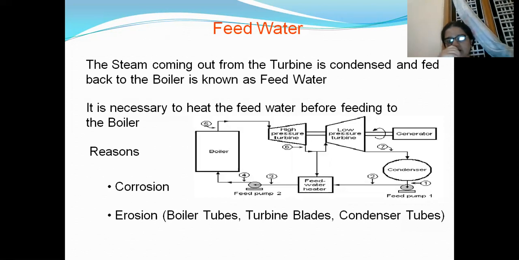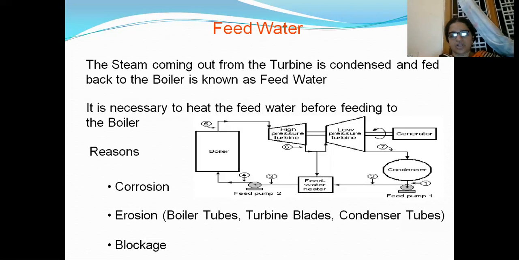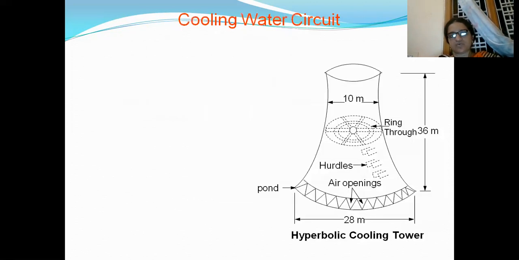Feed water heater means you are trying to increase the temperature of the feed water before giving it to the boiler. Even blockages will arise if you are giving low temperature feed water to the boiler.